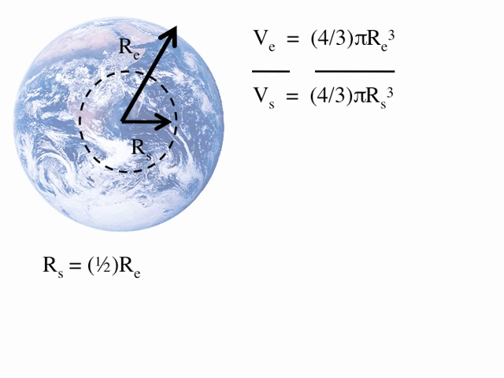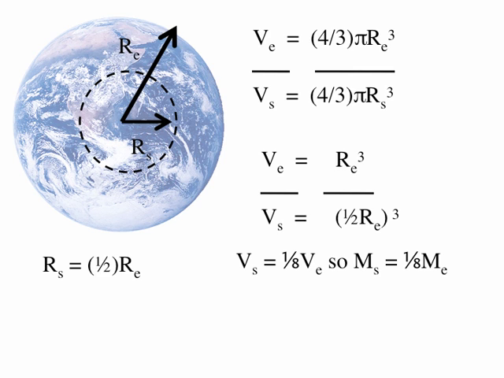The 4/3 pi cancels out of each side of the equation, and we get that the volume of the Earth relative to the volume of the shell would be radius of the Earth cubed over 1/2 radius of the Earth cubed. That gives us that the volume of the shell would be 1/8 the volume of the Earth. So proportionally, the mass of the shell would be 1/8 the mass of the Earth.